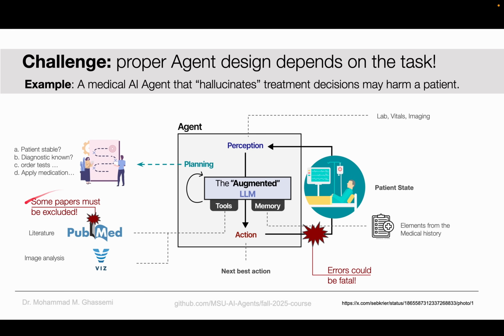And so there might be some things about the system, given how consequential the outcome here is for this patient, that make this design pattern of performing the perception, letting the LLM use tools and memory to generate an action and applying that action to the patient, that design pattern could be problematic.